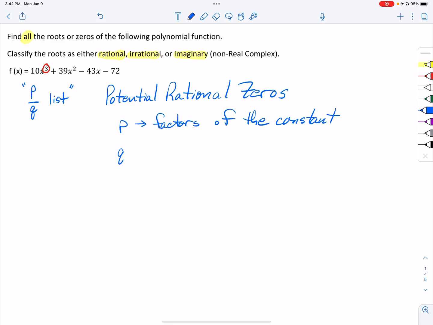And Q is coming from the factors, the Q values are the factors of the leading coefficient. I abbreviate that L/C for leading coefficient.